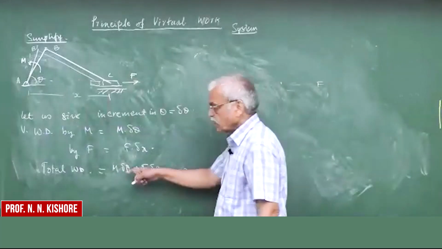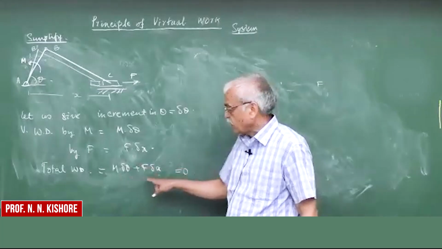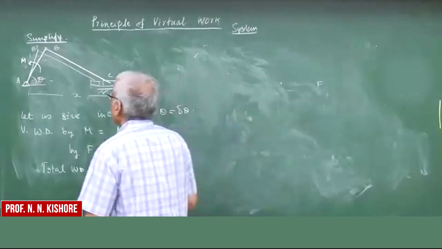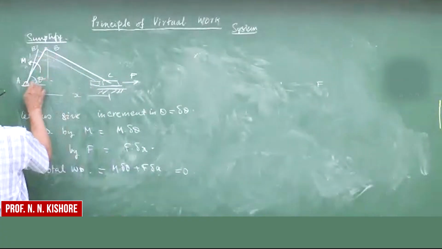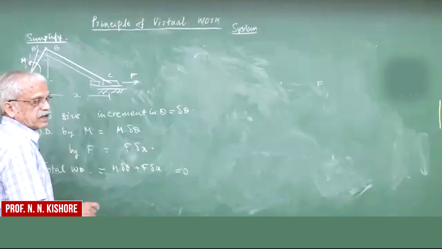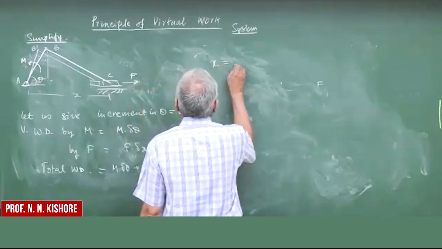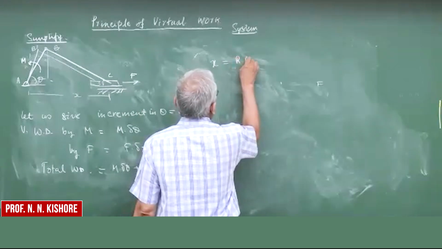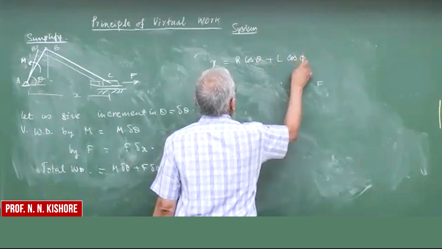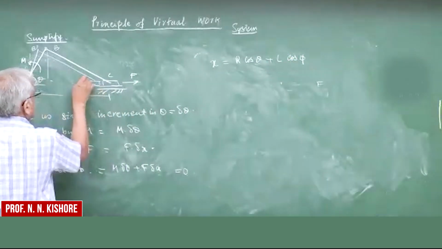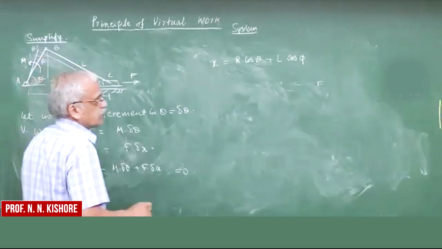Here it looks like we have two virtual displacements, delta theta and delta X, which we can write in terms of theta. For example, X can be written as R cos theta plus L cos phi, where this is phi, this is L, and this is R.